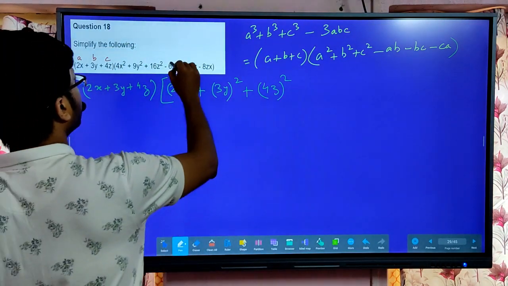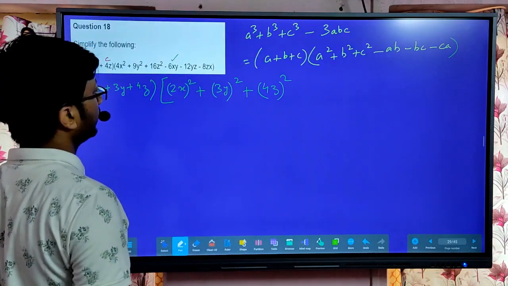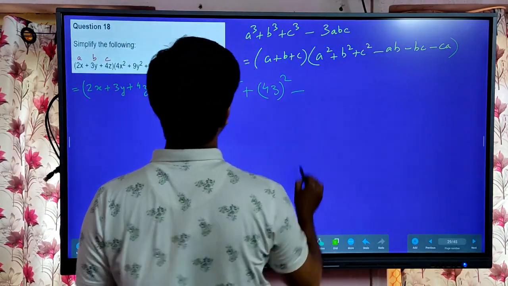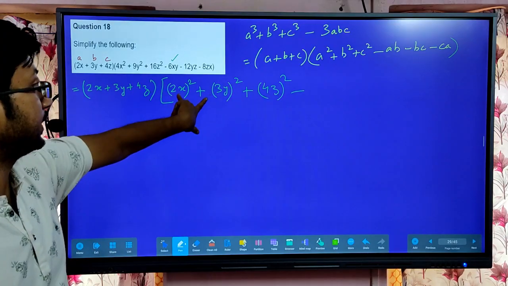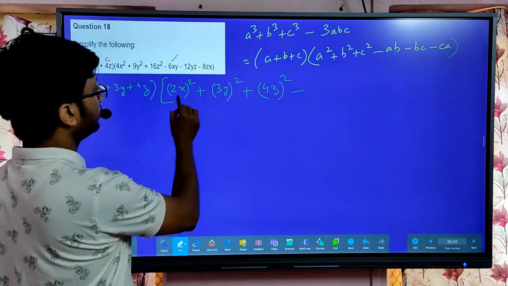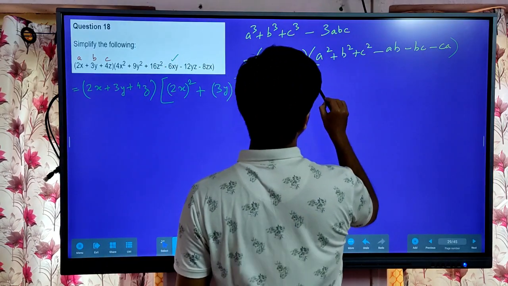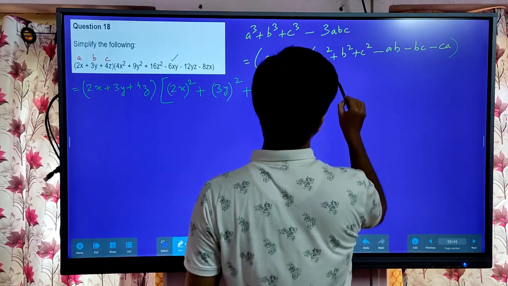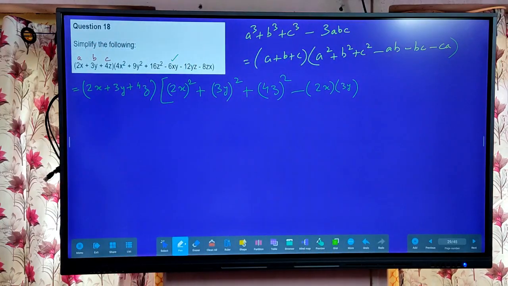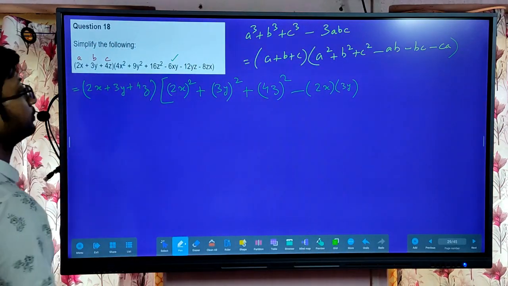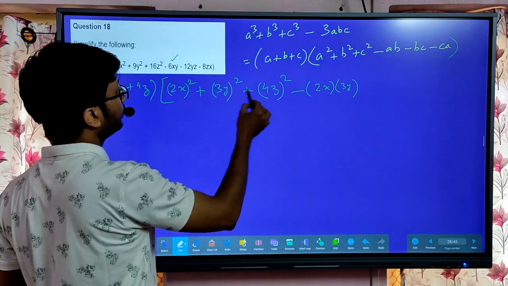So 6xy, I can write it as ab, meaning minus 2x into 3y. That will be 6xy. So it is done. Then bc, 3y into 4z.